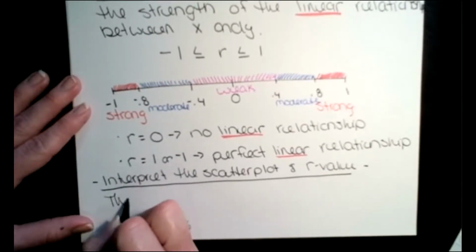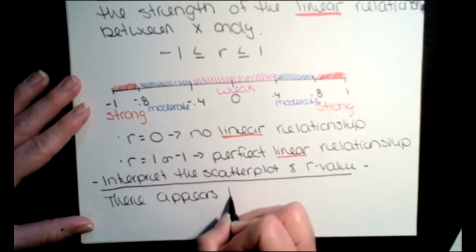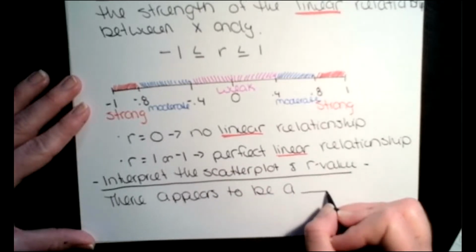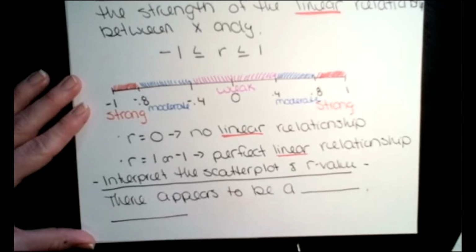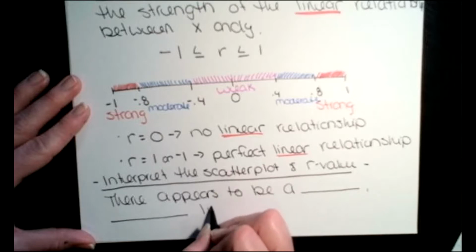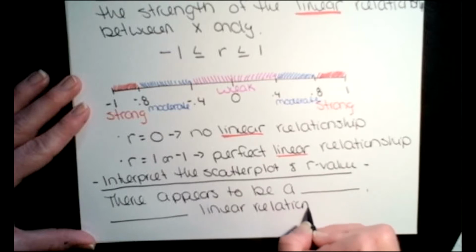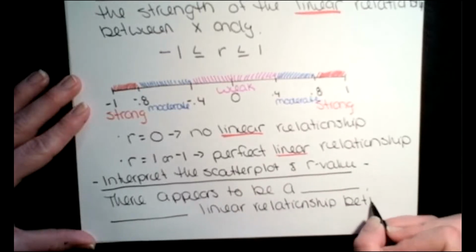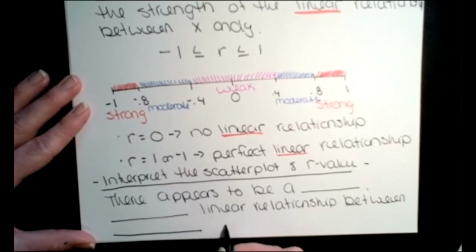So you could say something like, there appears to be a, and then you're going to talk about the strength, and then you will talk about the direction. I'll fill those in a second. Linear relationship between your X and your Y variable.